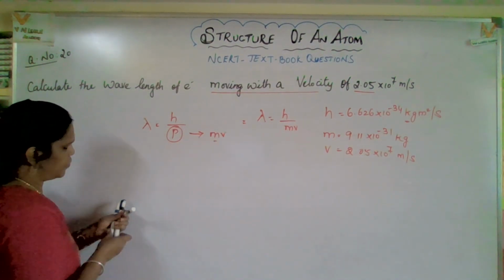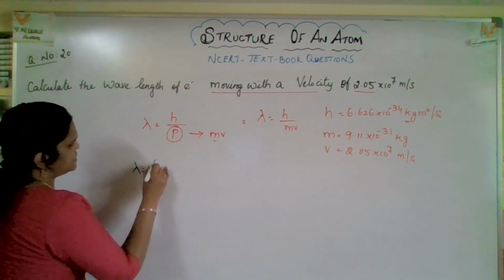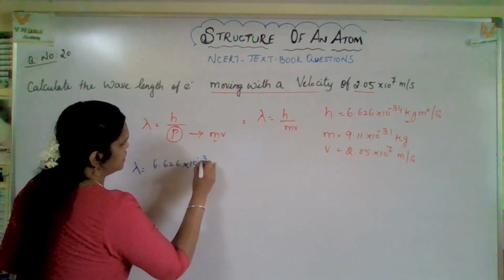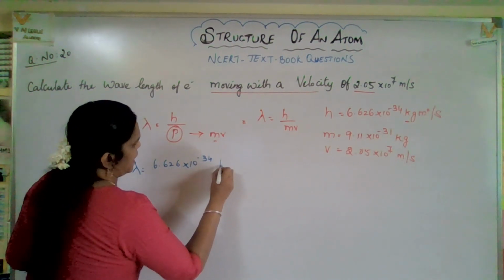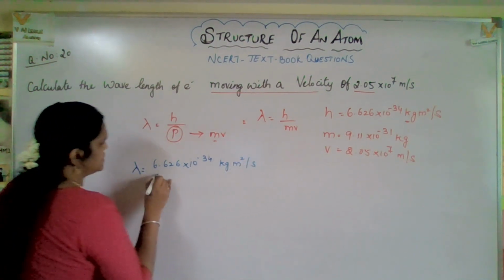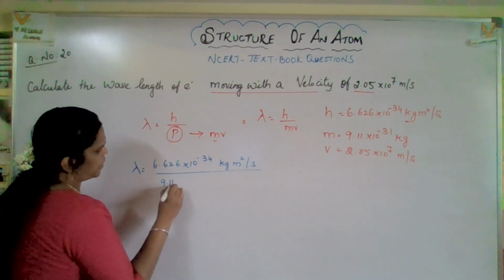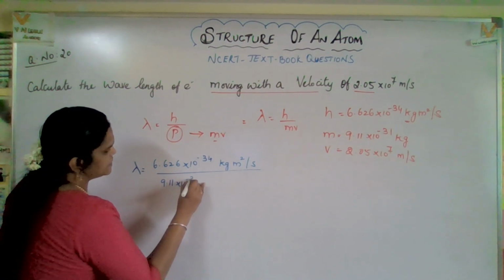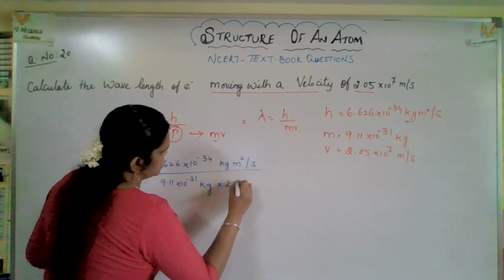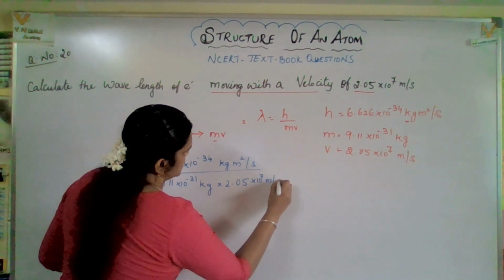Lambda is equal to 6.626 into 10 to the power of minus 34 kg meter square per second, divided by the mass of electron, 9.11 into 10 to the power of minus 31 kg, into 2.05 into 10 to the power of 7 meter per second.